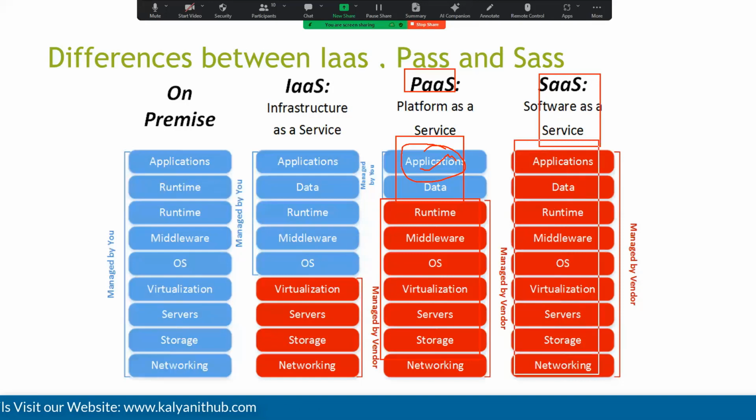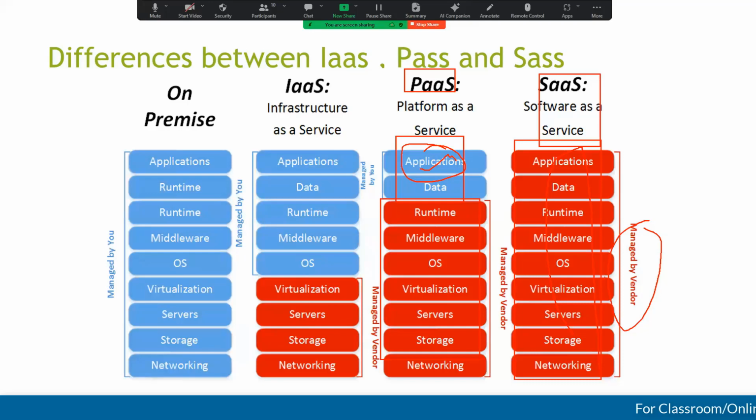Coming to software as a service, nothing is in your hand, everything would be taken care of by the vendor. You just have to use it for application purposes. They are providing everything, whatever they have provided, we just have to use for our project purpose.